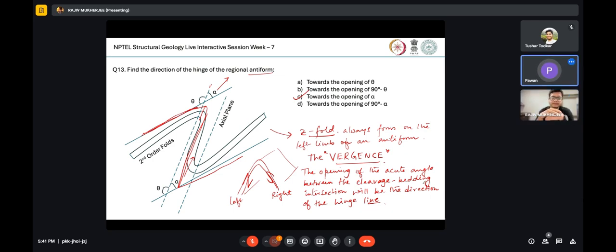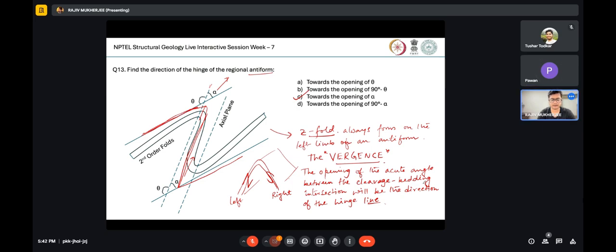For example, if strata is folded in F1 and some axial cleavage is there, and again it is refolded in F2, then will cleavage transection take place? That will depend on whether F1 and F2 are coaxial.